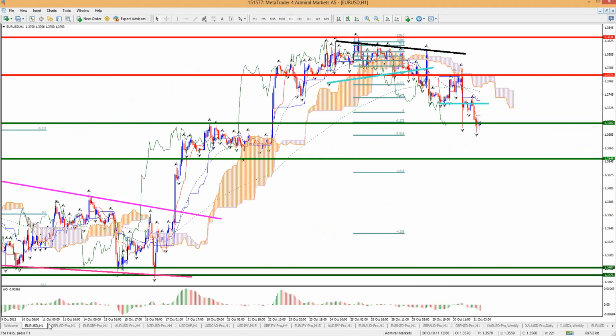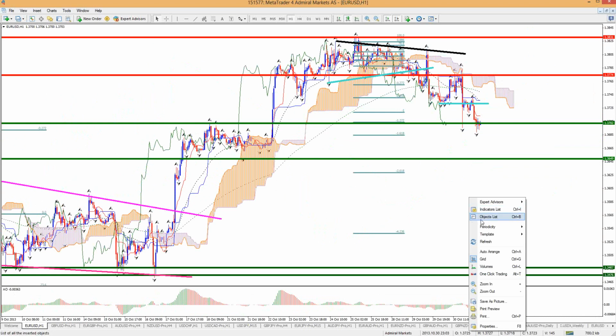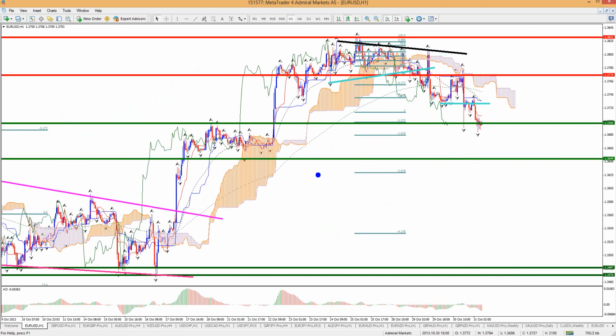Maybe to the euro dollar. Oh, what happened with my euro dollar? I think I was preparing the Ichimoku webinar. Let me get rid of this for a second, or we can use it for a moment. You can see that it bounced here, didn't it? Then we broke through the cloud and are using it as resistance.